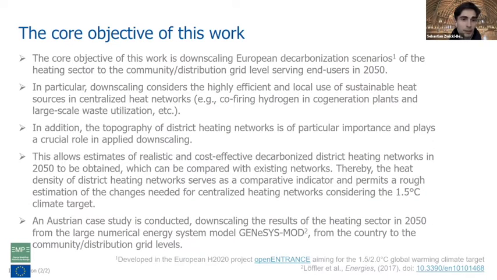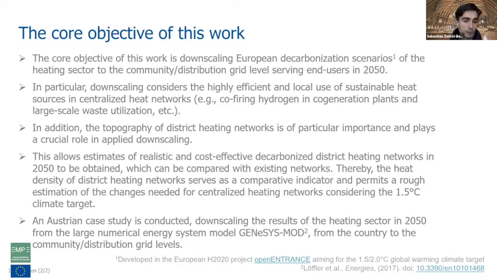The third aspect of the core objective is to also consider the topography of district heating networks, because we know that the topography and the network topology of centralized heat networks is important if we talk about the economic viability of centralized heat networks.